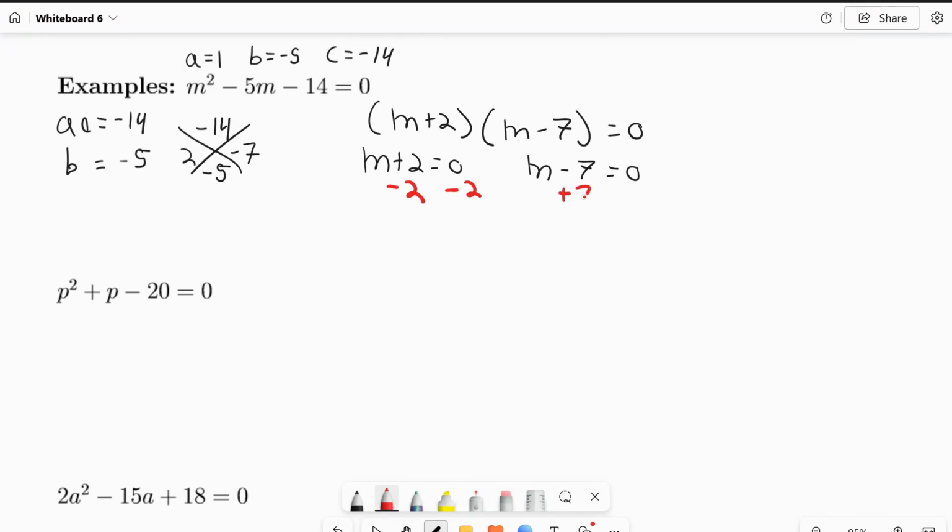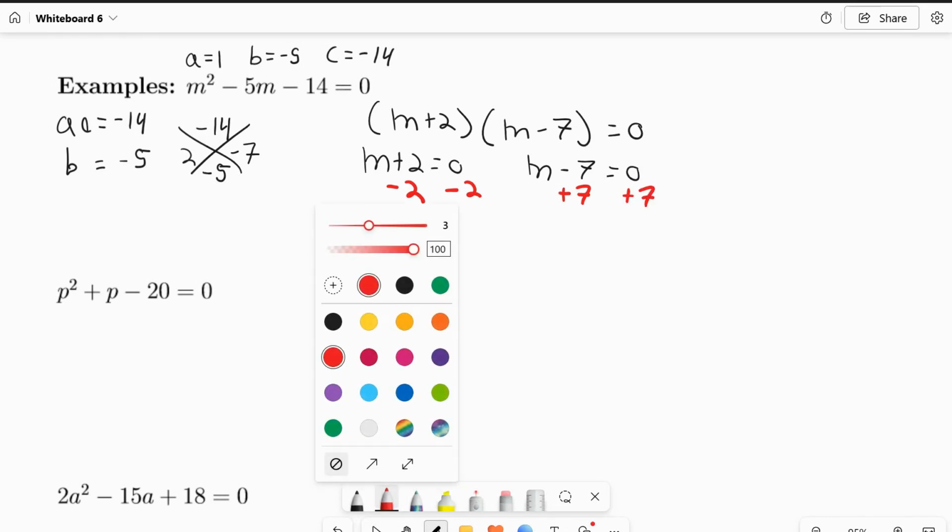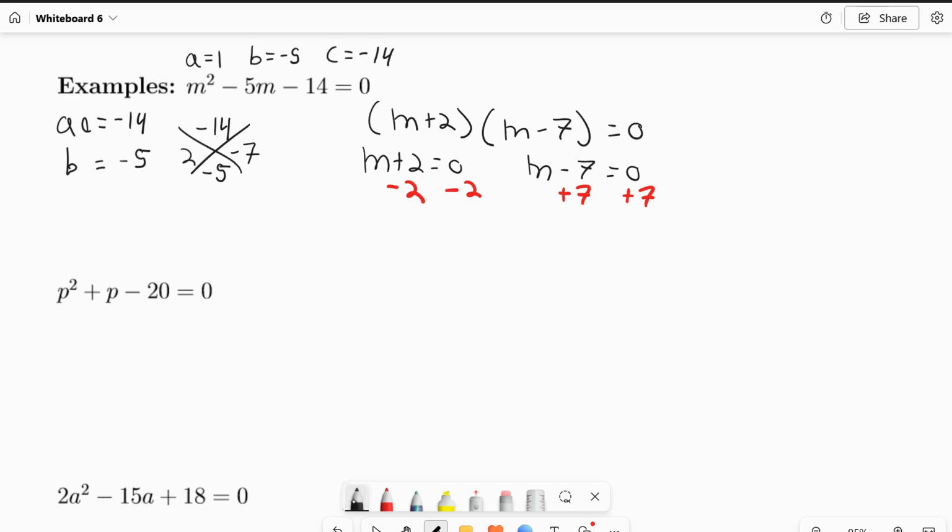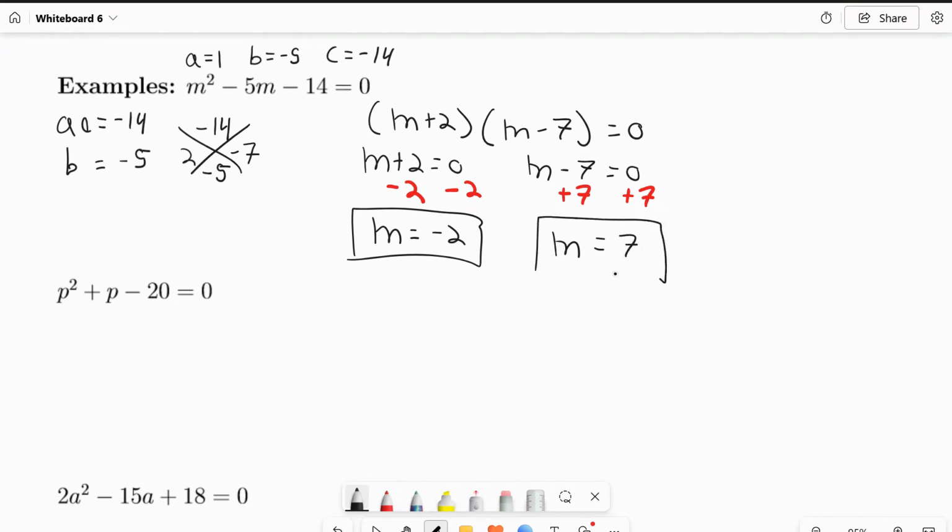And for m minus 7, we will add 7 to both sides, which will give me m equals negative 2, which will be one of our solutions, and m equals positive 7, which would be our other solution. All right, that's the entire process there.